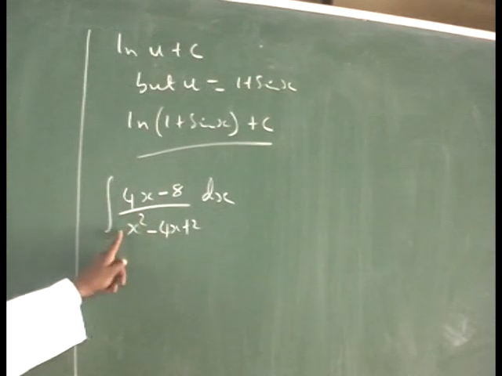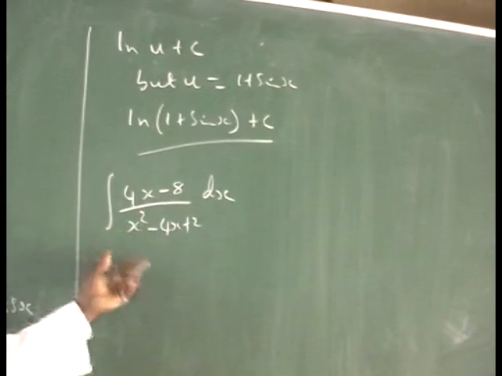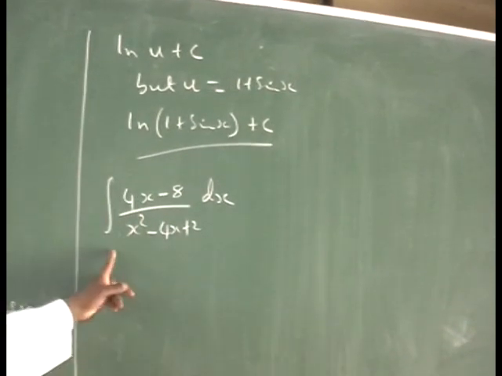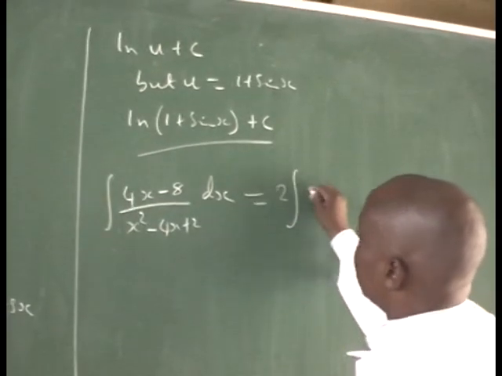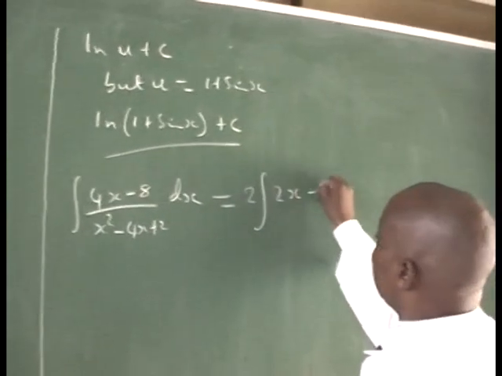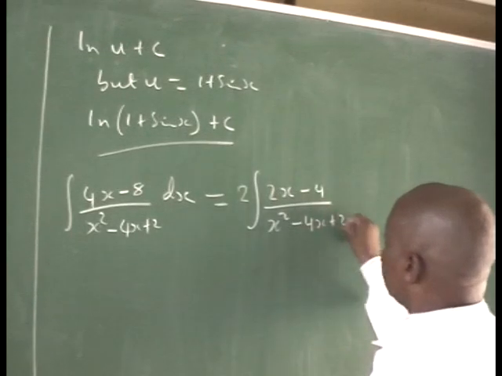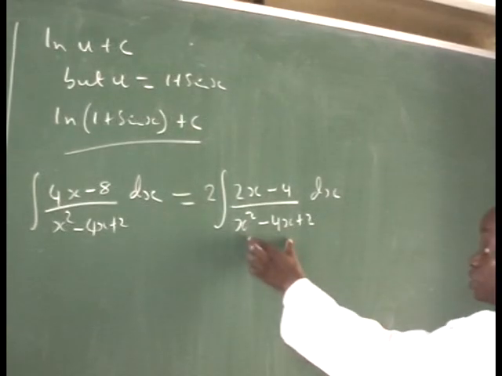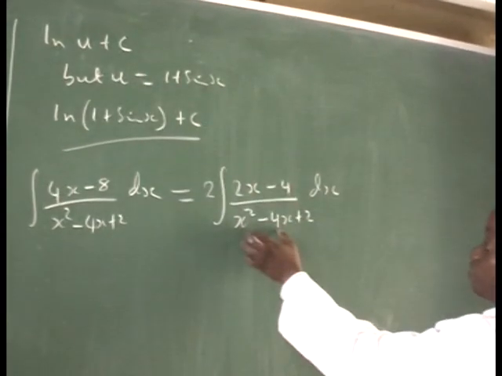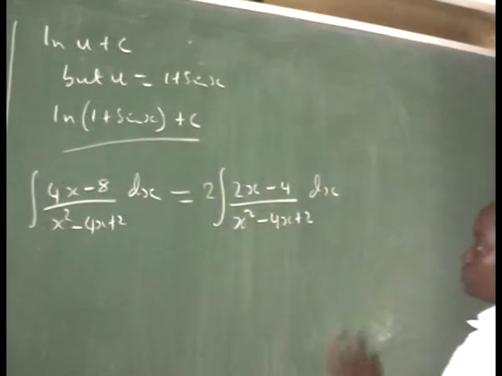If you differentiate the denominator, you have 2x, and differentiating the next term you have minus 4. So it's not, but we can make it so by saying this will be equal to 2 integral of 2x minus 4 all over x squared minus 4x plus 2 dx. Now the numerator becomes the derivative of the denominator, because differentiating gives 2x and minus 4.